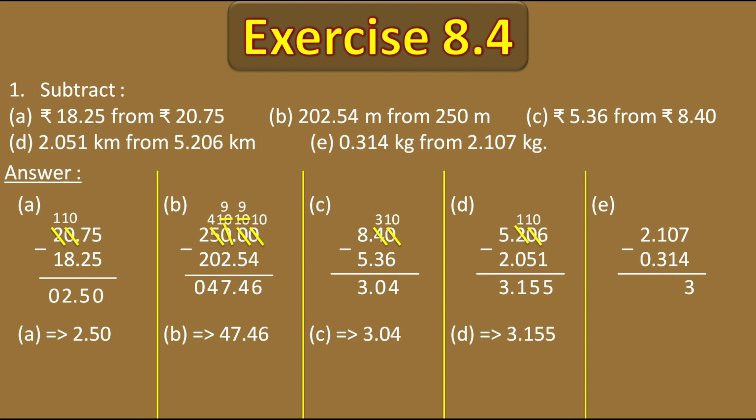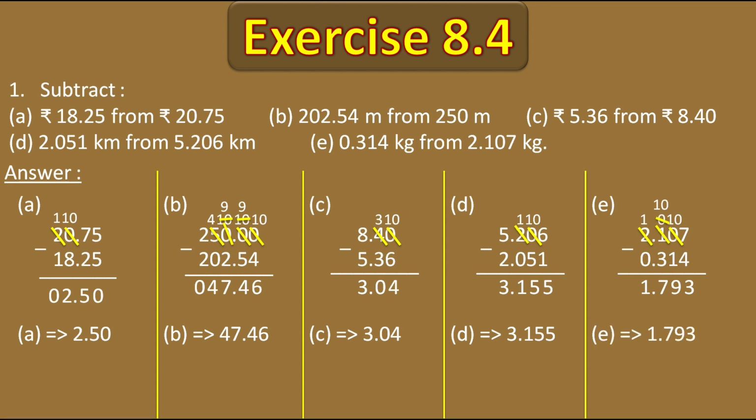So 1 became 0 and this 0 became 10 now. Now 10 minus 1 is 9. Now again we have to make this 0 as 10 by taking 1 from this 2. So this 2 became 1 and this 0 became 10 now. So 10 minus 3 is 7 and 1 minus 0 is 1. So the answer we got here is 1.793.